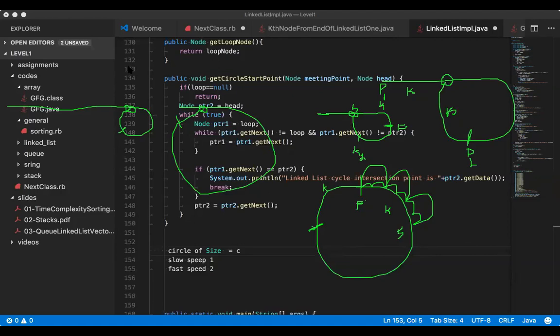So let me write. The length of the node is not equal then? What is not equal? This is not equal to this, you're saying? Yes.